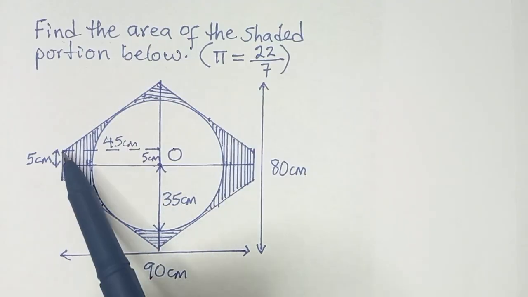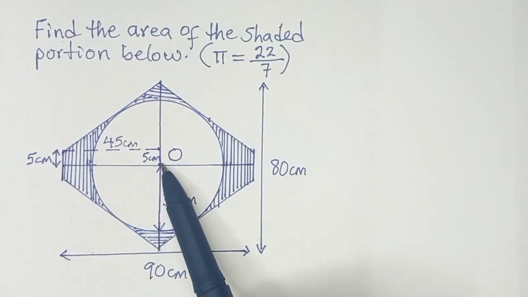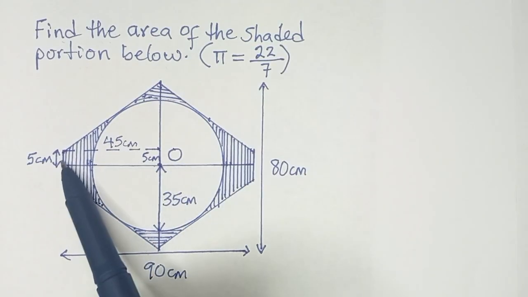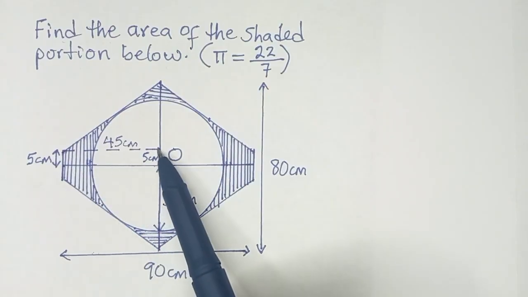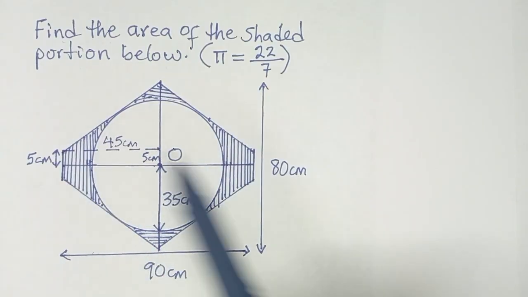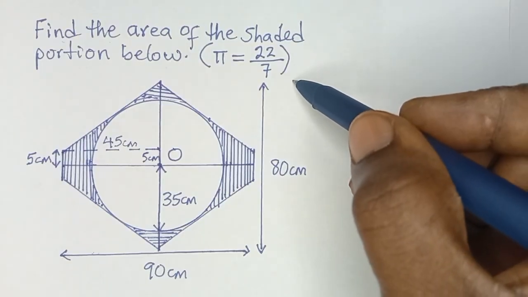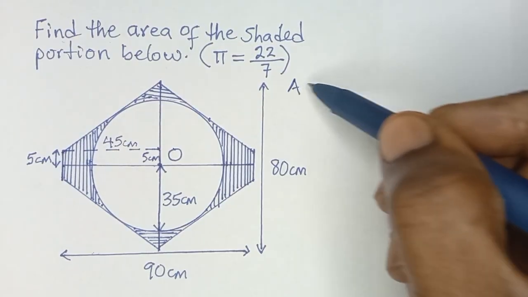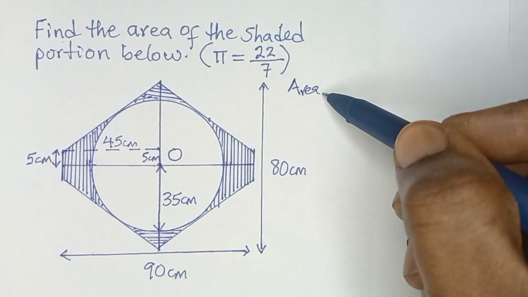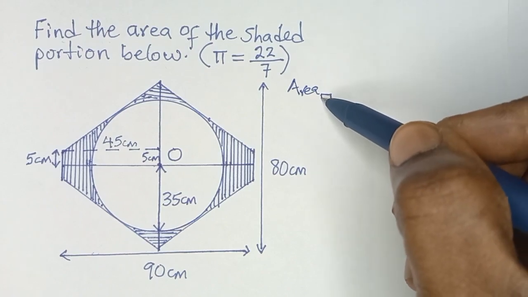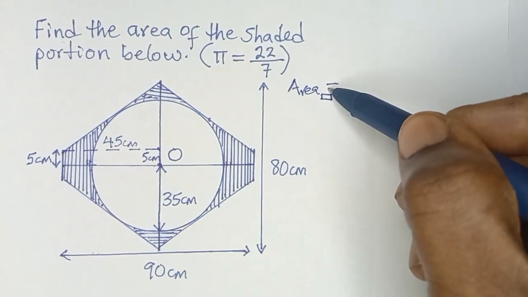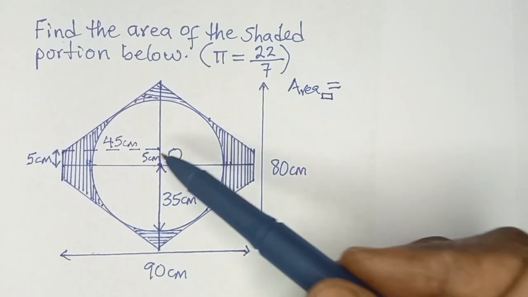So using this rectangle, we can now find the area of this small rectangle here. I can simply say the area of that rectangle, let me write area here, and put a small box to indicate rectangle. That will be equal to length times breadth.